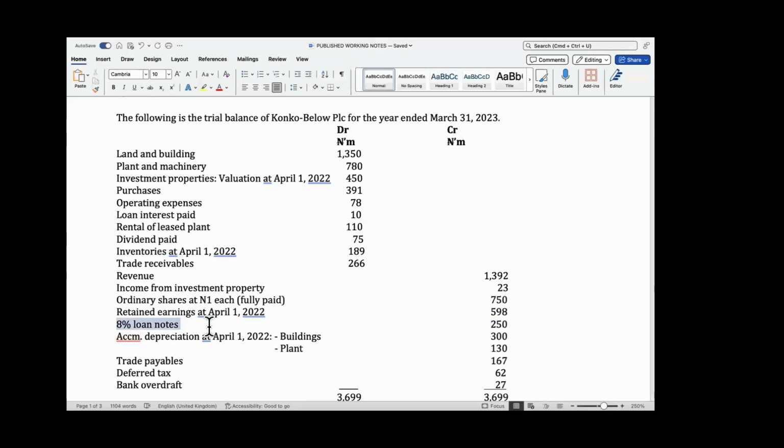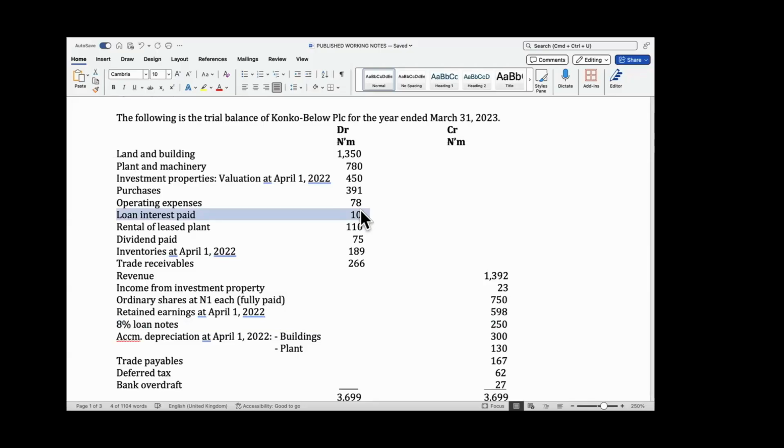This 8% means that they're supposed to pay 8% of this 250 million per annum. When I apply 8%, I should get the loan interest. So 20. That immediately confirms that the interest we find here is the interest that is actually paid, the interest you find in the trial balance.